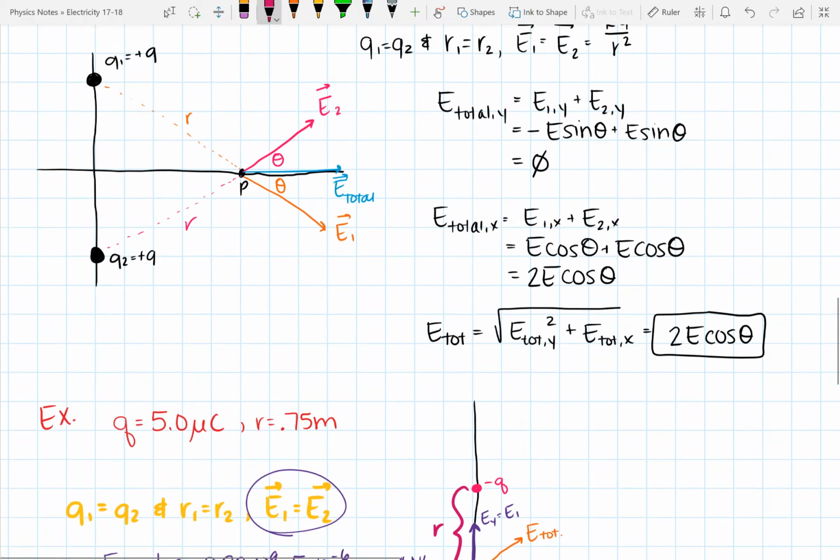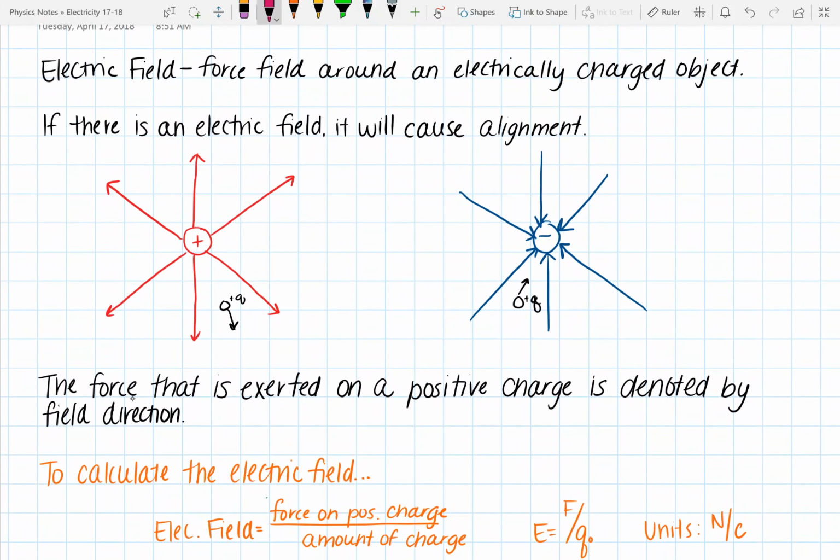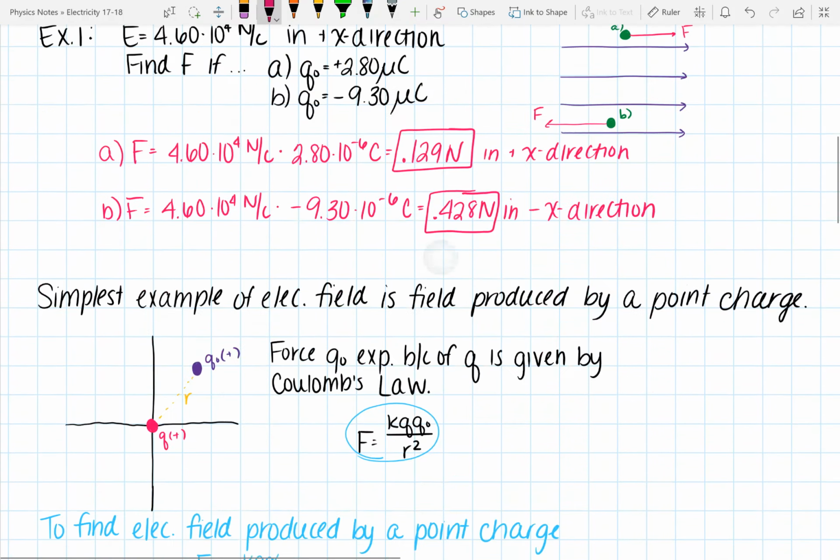We saw that up here. Okay, over here, they're starting at a positive, ending at infinity, starting at infinity, ending at a negative.